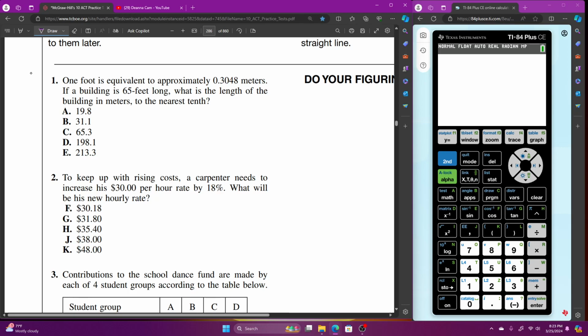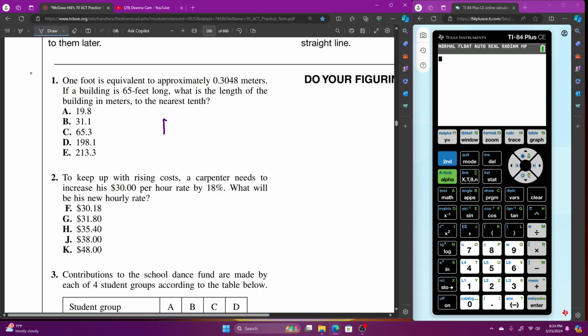Question number 1 says, 1 foot is equivalent to approximately 0.3048 meters. If a building is 65 feet long, what is the length of the building in meters to the nearest tenth?